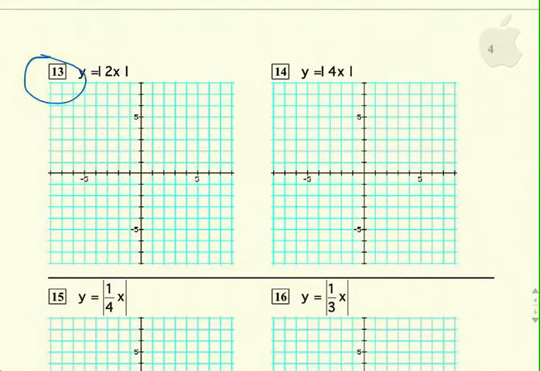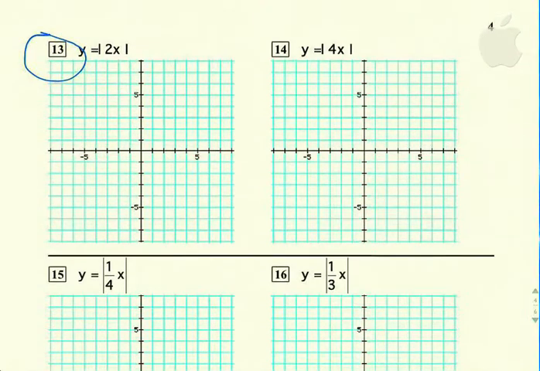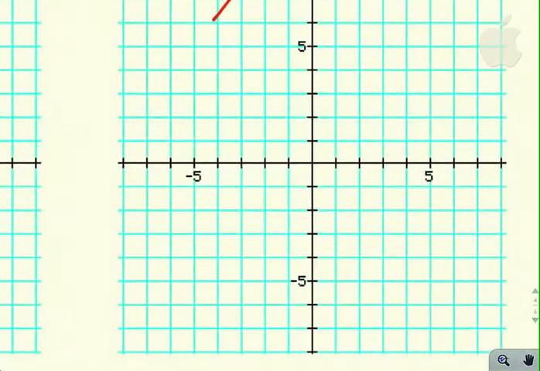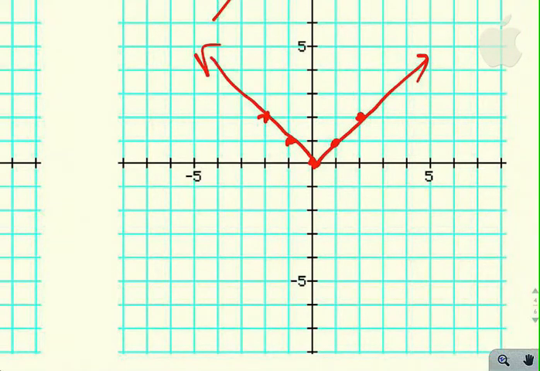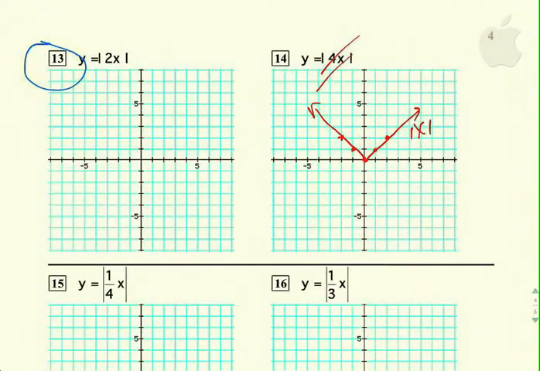Okay, what happens when you multiply the inside? Well, again, we need the absolute value of x again. So what's happening in number 13?